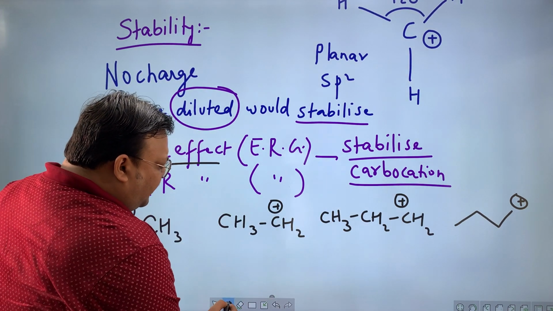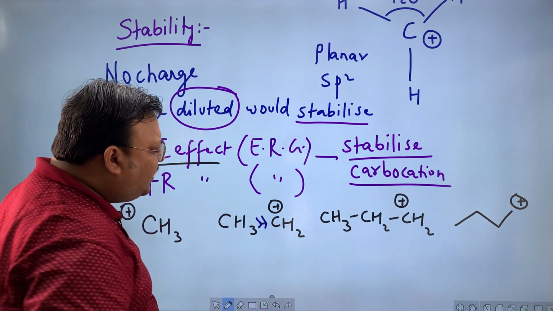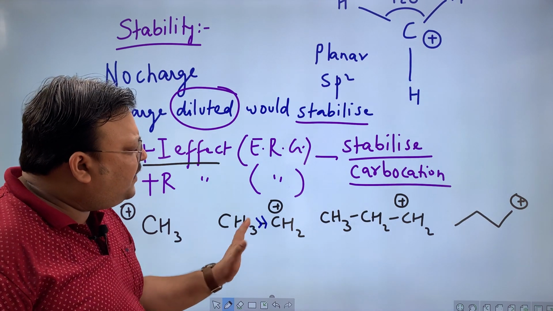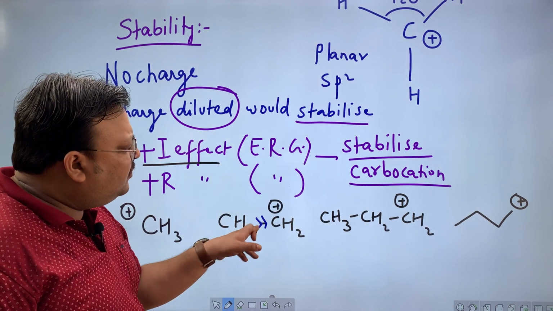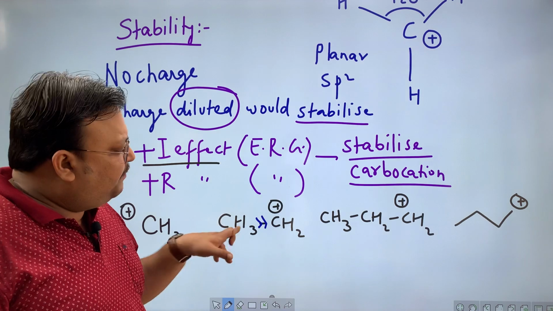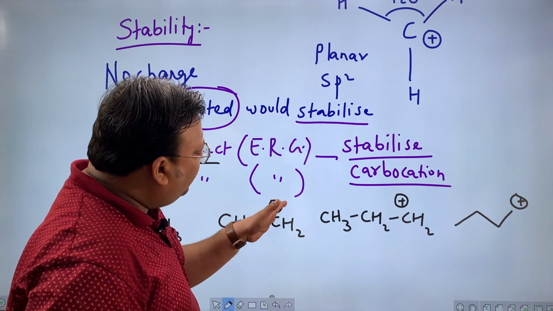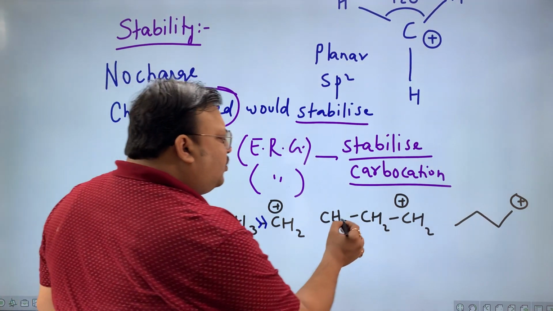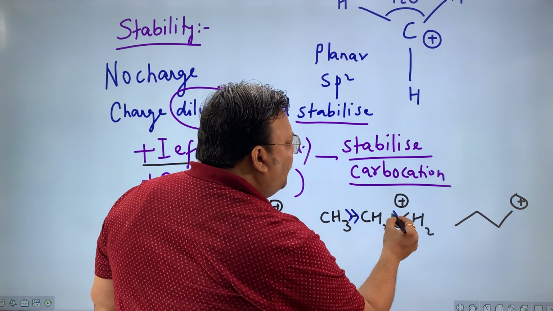Imagine CH3 having a plus I effect, it will repel electrons. When it's pushing the bond pair towards this positive charge, electron moving towards the positive charge would bring the positive down. Electron is negative, bond contains electrons having negative charge, so it's pushed towards this positive. Alkyl group has plus I effect. More the number of carbon atoms, more is the plus I effect.